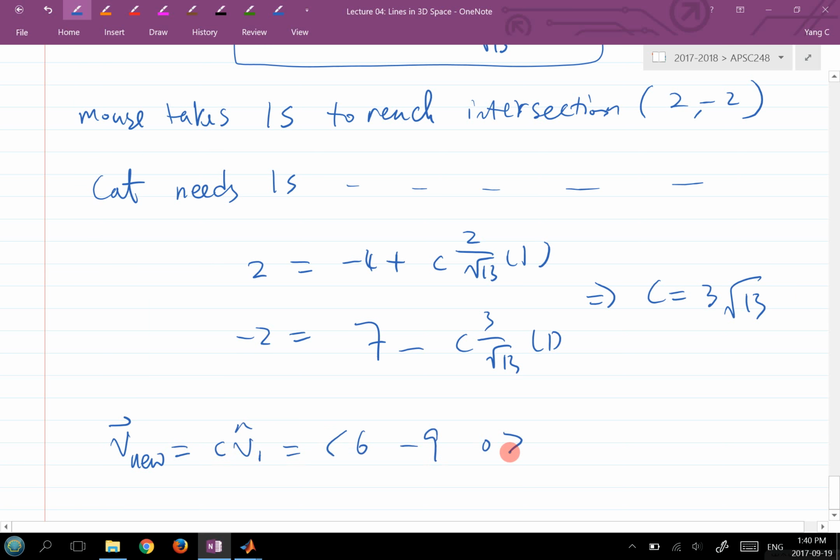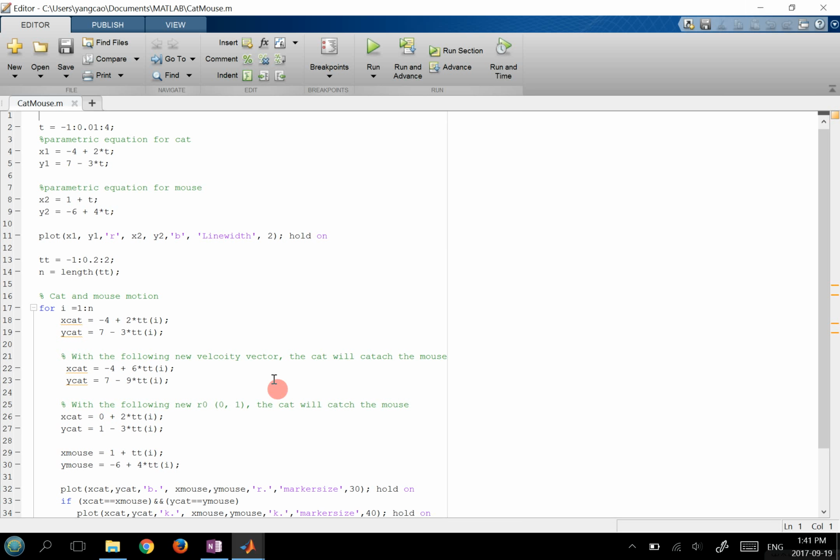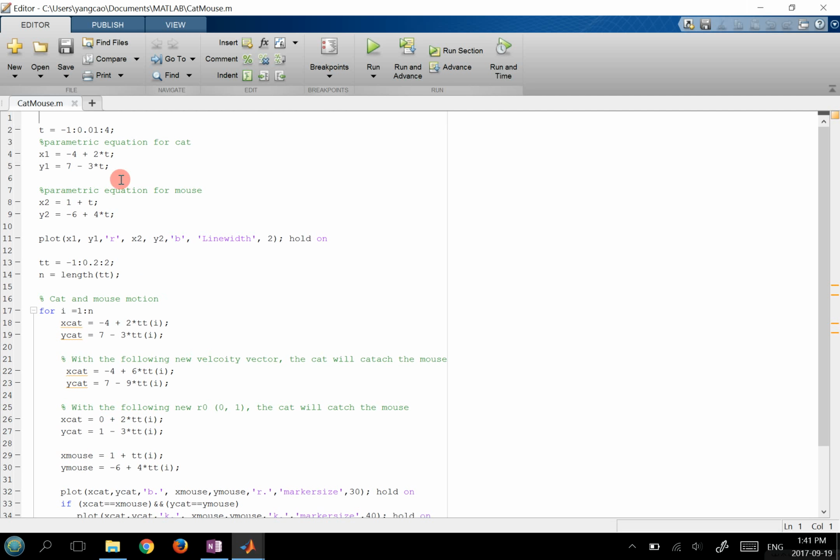So I'll show you an animation here, just to illustrate this problem. This is a MATLAB animation. It's a little bit small, but the idea is that we plot two straight lines, and we also plot the motion for the cat and the mouse based on their speed and initial position.